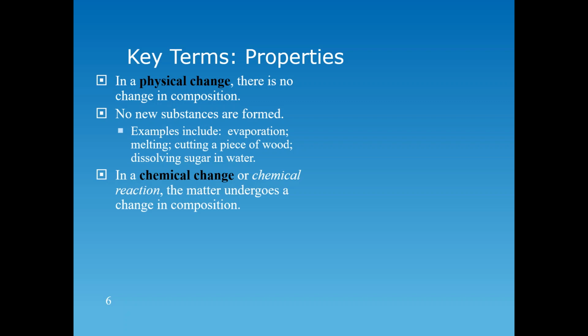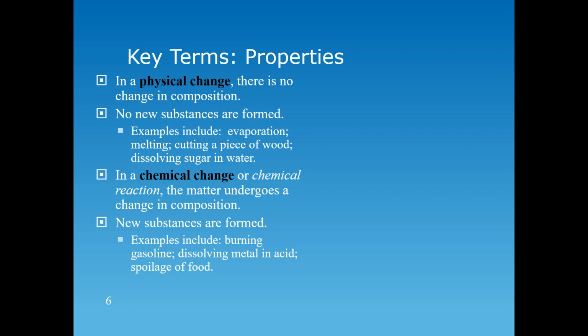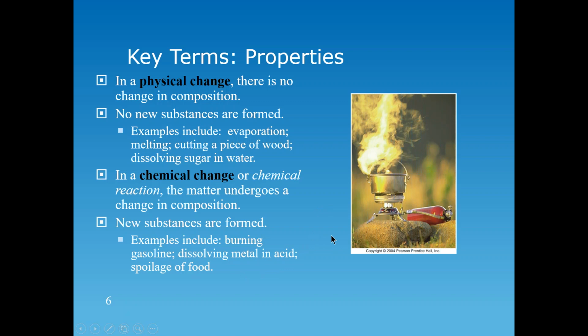On the other hand, chemical changes, otherwise known as chemical reactions, involve a change where new substances are formed as a result of the changing composition of the substance. Some examples of chemical changes include the burning of gasoline, dissolving metal in acid, and the spoilage of food. So these are all examples of chemical changes.